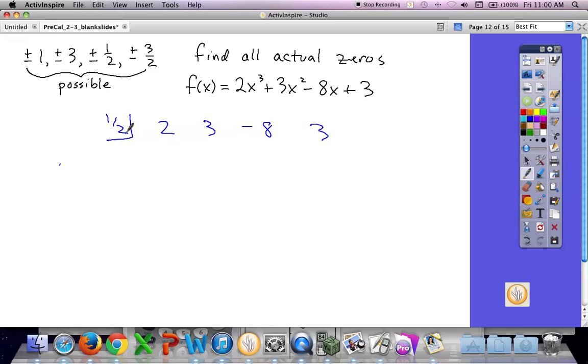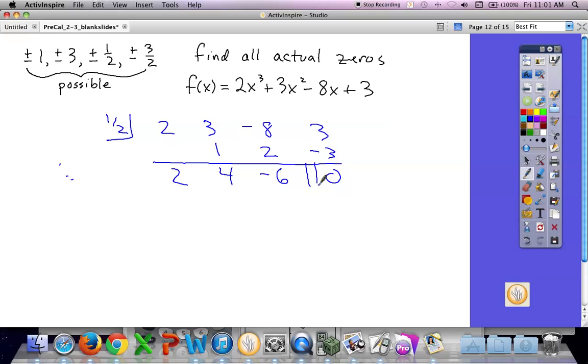It's the zero itself. Then draw our line, bring down the 2, start to multiply. 1/2 times 2, 1. 1/2 times 4 is a 2. 1/2 times -6, -3. That's a 0. So sure enough, 1/2 is our zero.